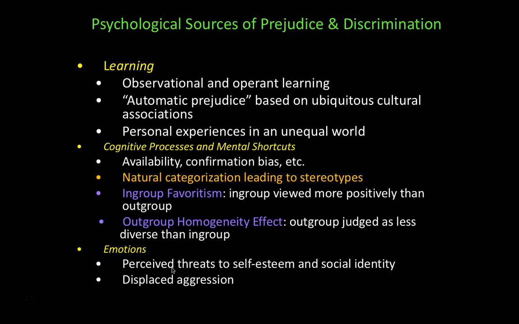What automatic prejudices really involve is learning that's occurred through ubiquitous, pervasive cultural associations that permeate our culture, and that we learn simply by being in that culture. We learn these sort of conditioned associations.